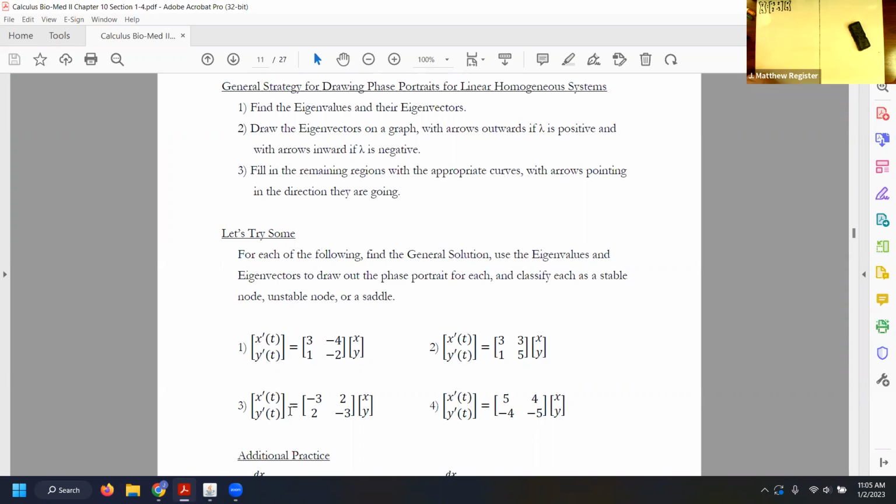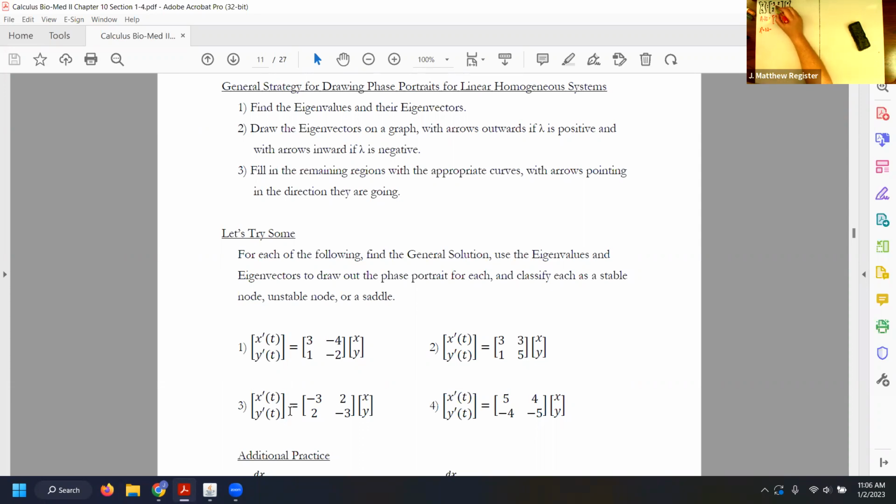And so for this one, we can do the same process. Let's do A minus lambda I first, which is negative 3 minus lambda, 2, 2, negative 3 minus lambda. And so our characteristic equation is lambda squared minus the trace, which is going to be plus 6 lambda. And then it's going to be plus the determinant.